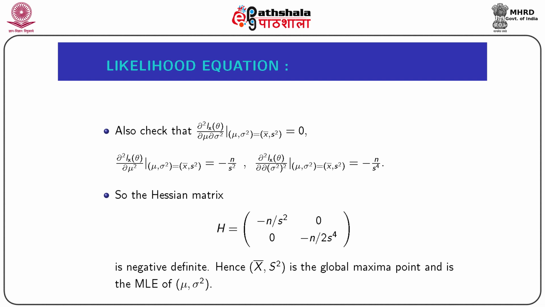So naturally here the Hessian matrix H is a diagonal matrix whose two diagonal elements are minus n by s square and minus n by 2 s to the power 4. Obviously, it is not difficult to check that this matrix H is negative definite. This implies that the sample mean x bar and the sample variance s square are the global maxima point and the maximum likelihood estimators of mu and sigma square.